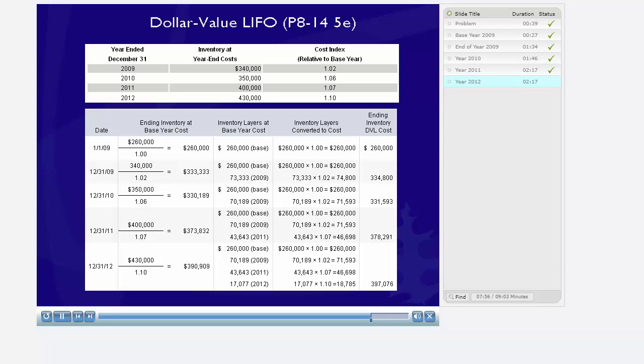Alright, so we add that layer times 1.10, which equals 18,785, and then we add that to the other layers we computed the prior year at 12/31/11, and now we come up with a new ending inventory dollar value LIFO cost value equal to $397,076. And that takes care of this problem, everyone.